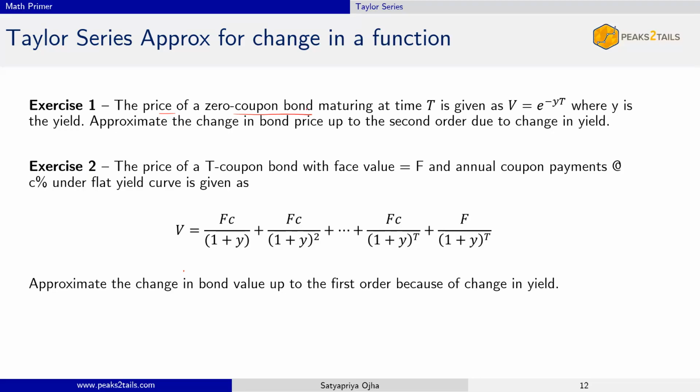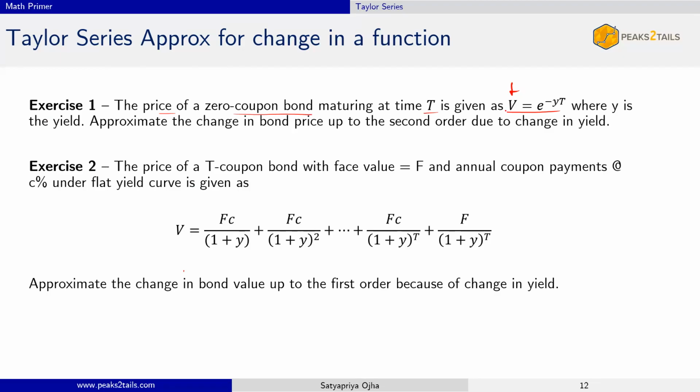The price of a zero coupon bond maturing at time t is given by this. Don't worry about pricing. It's just a function. Left-hand side is a function. Right-hand side has some variables. Capital T is fixed. It is time till maturity. It is fixed in the sense at the moment today, right now, it is capital T. It is not changing. But with time, yes, the time to maturity will change. We are not bothered about that right now.